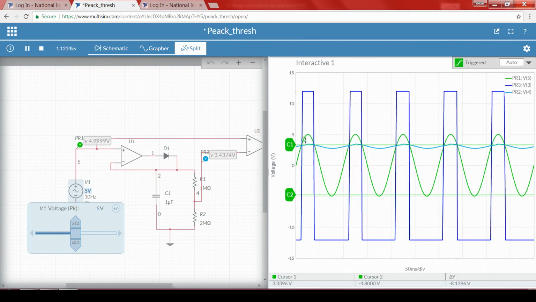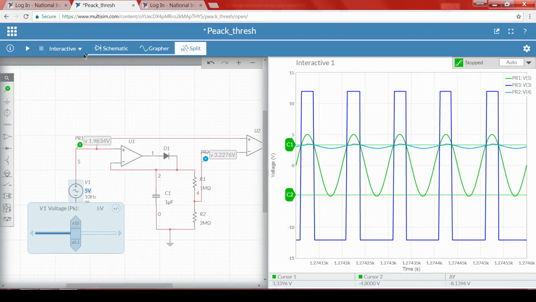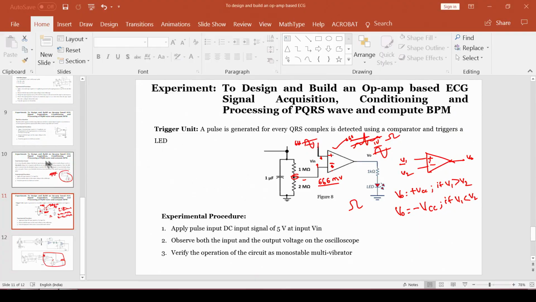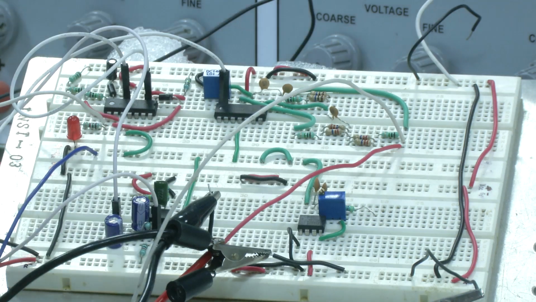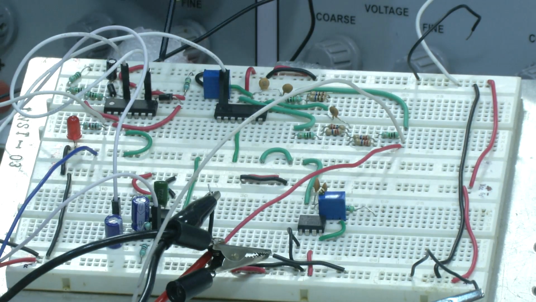This is the input, this is the threshold and this is the output that we are getting. So, that means the thresholding part, everything is working fine for our application. Now, we will see the complete circuit experimentally. If you see the next part of this particular portion, we are using a diode, right, and we are also using a resistor, right.